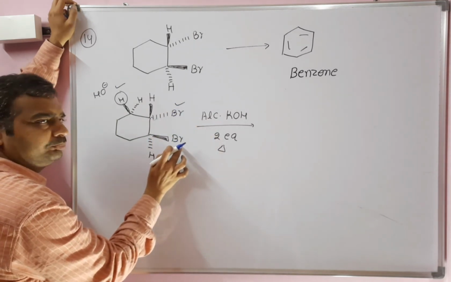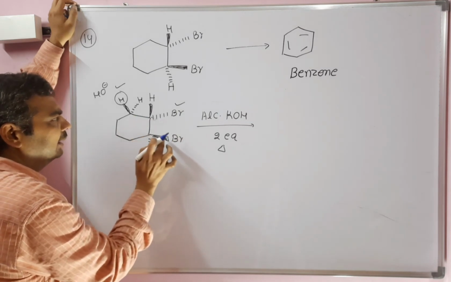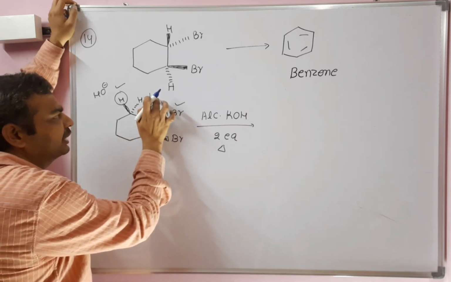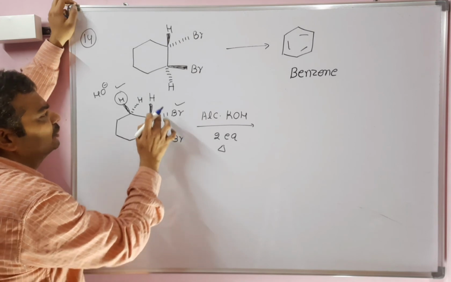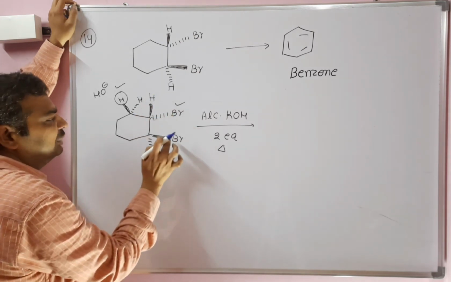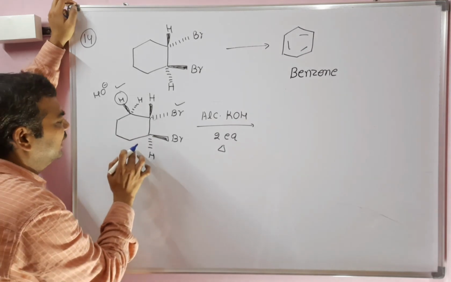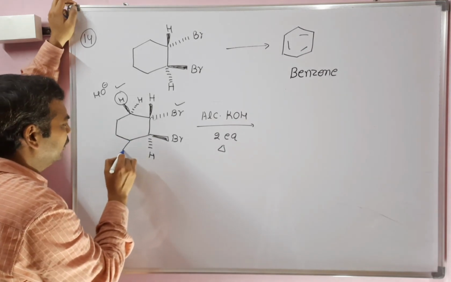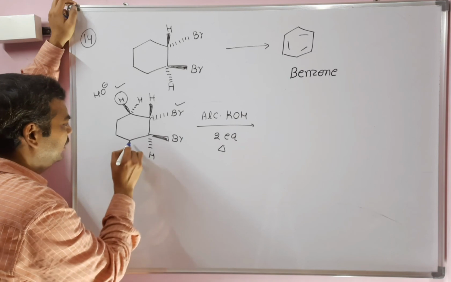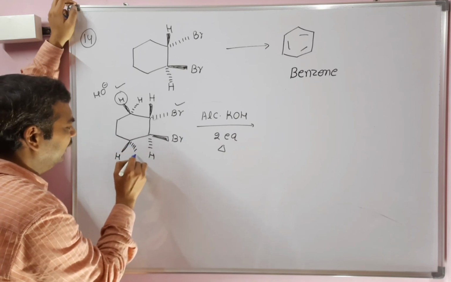Now coming to the other bromo. For this bromo, two beta hydrogens are there, but it is not possible to abstract this hydrogen because this is above the plane. This bromo and this bromo are both above the plane, so it is possible to abstract only this one hydrogen.